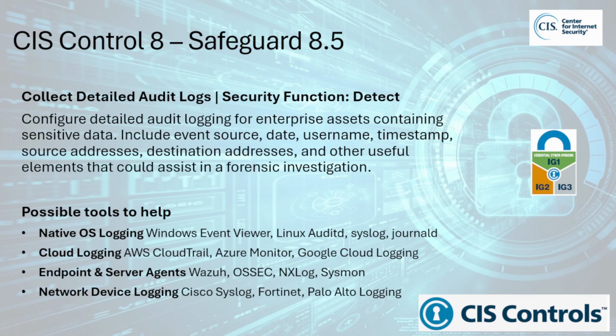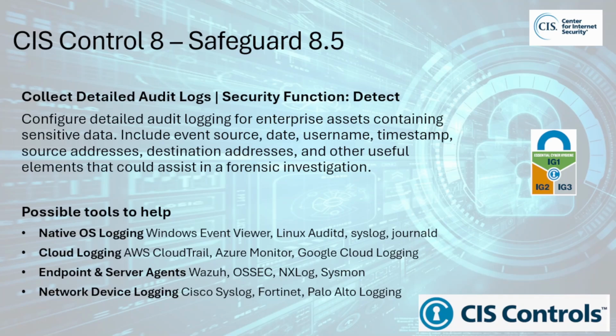Safeguard 8.5, collect detailed audit logs, comes under the Detect Security function and is within Implementation Group 2. The safeguard requires organizations to configure detailed audit logging on enterprise assets that handle sensitive data. The goal is to capture rich, actionable event data that supports incident detection, response, and forensics.